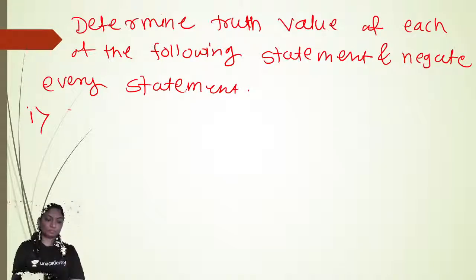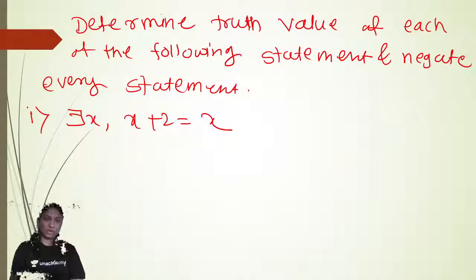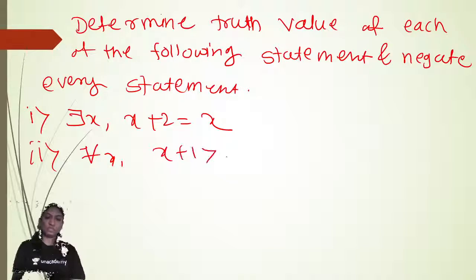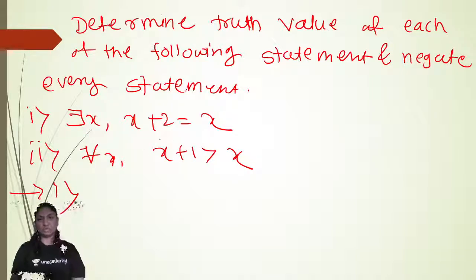First one, there exists x such that x plus 2 is equal to x. And second, for all x, x plus 1 is greater than x. So the first statement is, there exists x such that x plus 2 is equal to x. This is a false statement. We will not get a value of x where x plus 2 is equal to x.